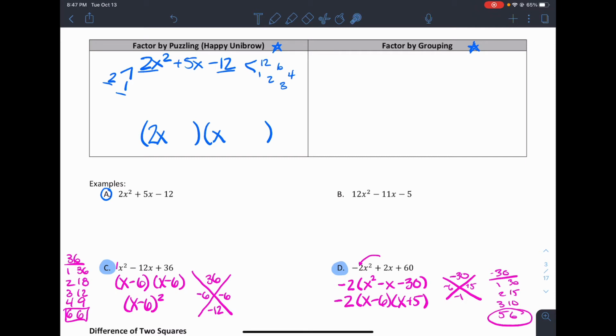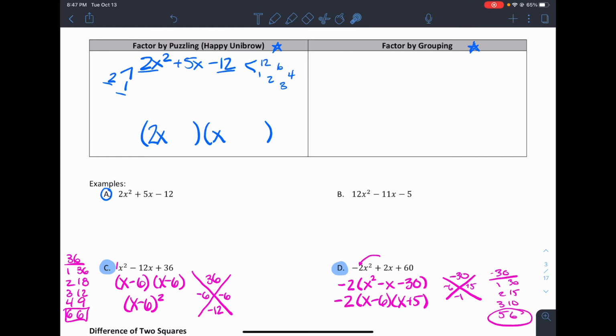Now, to do this, I just guess and check. I say, okay, if I take the 2 and I multiply it by 12, that's 24, and then 1 isn't going to get me close enough to 5. What if I switch it? What if I say 2 times 1 is 2, and 12, that's not going to work either.